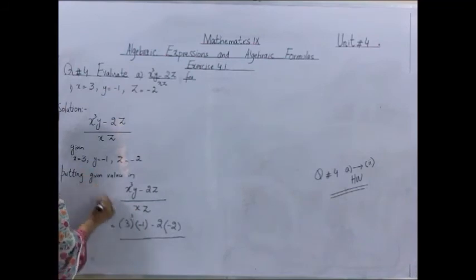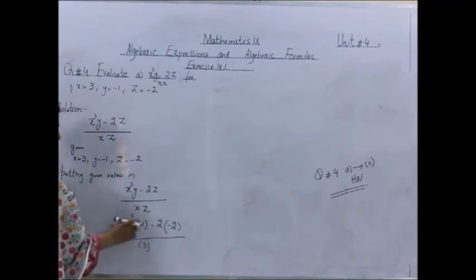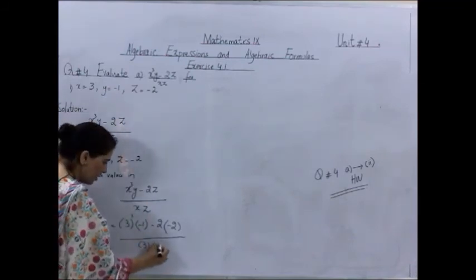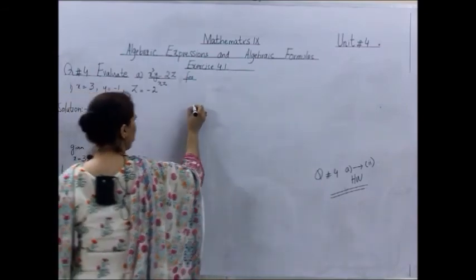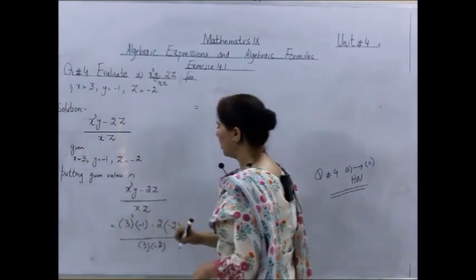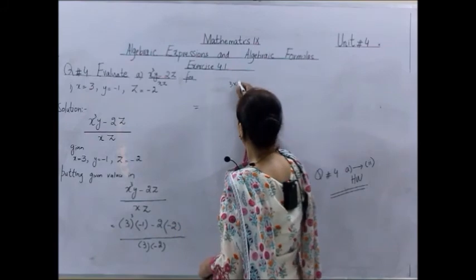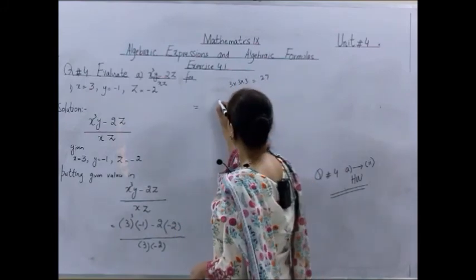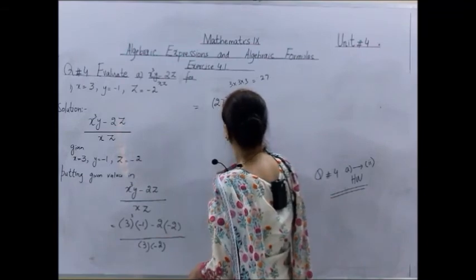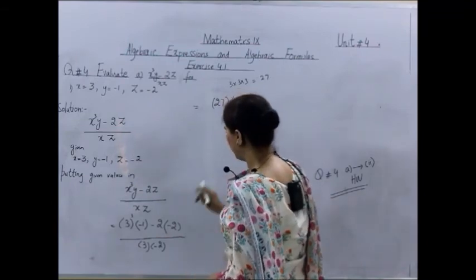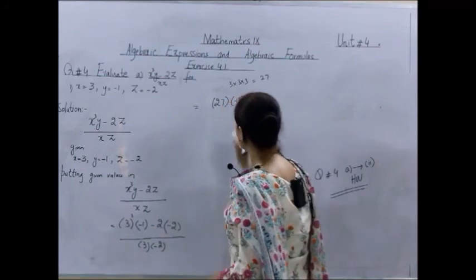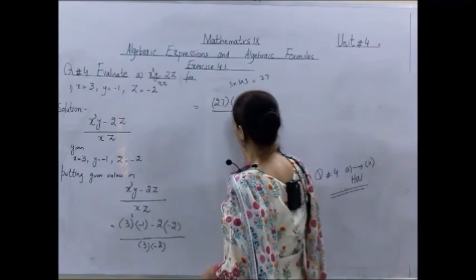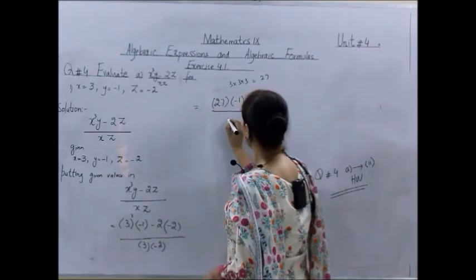Again the value of x is 3 and z is minus 2. We will solve it. 3³ means you will multiply 3 three times and you will get 27. 27 multiplied by minus 1, minus times minus is plus: 2 twos are 4, 3 twos are 6.